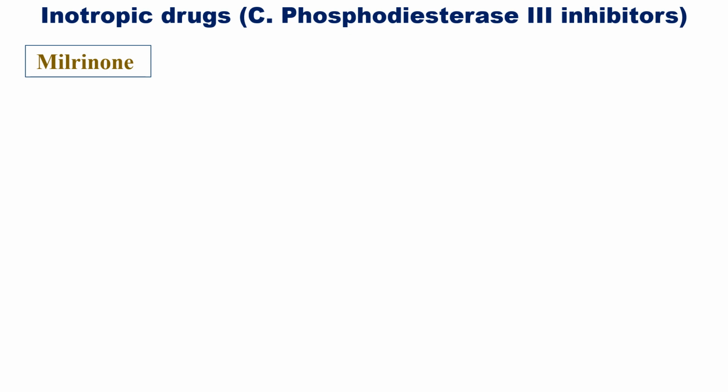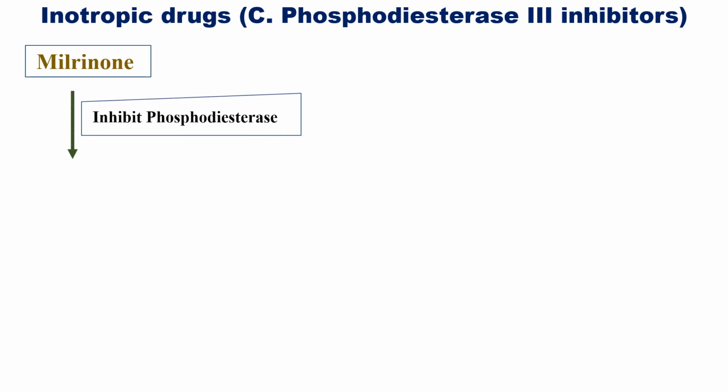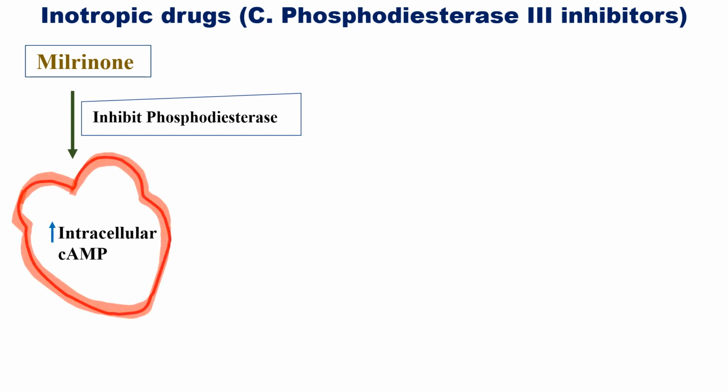Intracellular cyclic AMP is a secondary messenger that increases the calcium concentration in the heart, which is very much required for the contraction of the heart. Now, inhibition of phosphodiesterase increases the concentration of intracellular cyclic AMP by preventing its degradation.